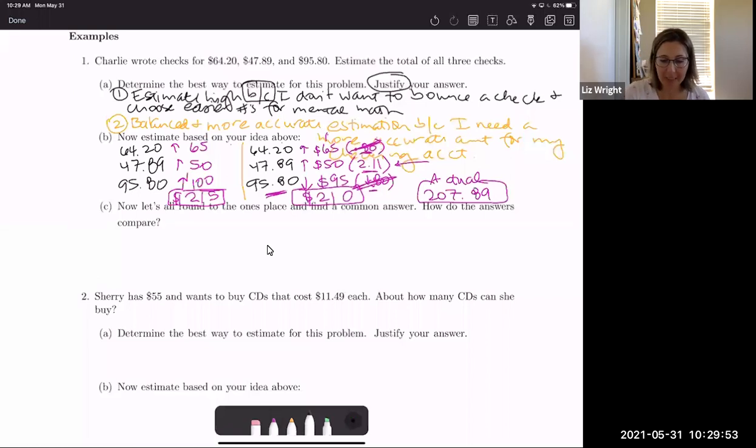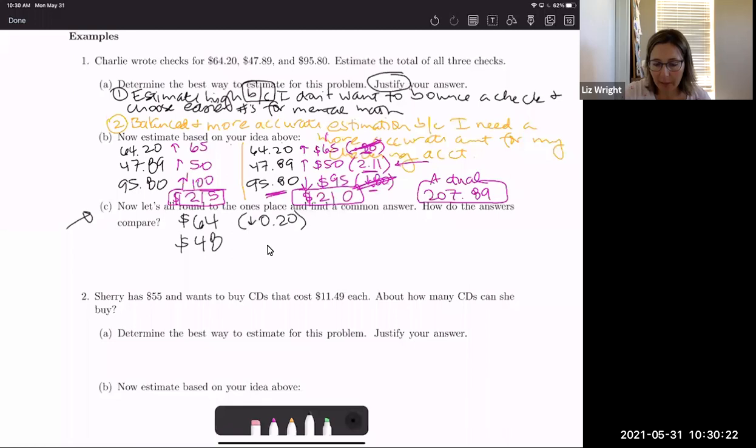So here, this is specifically only rounding. Yes, we're estimating, but we're estimating to a specific decimal point. So here, if we round to the ones place, we've got $64 because that 2 is going to tell the 4 to stay where it's at. So $64. The next one would be $48. So this one, again, we went down by 20 cents.